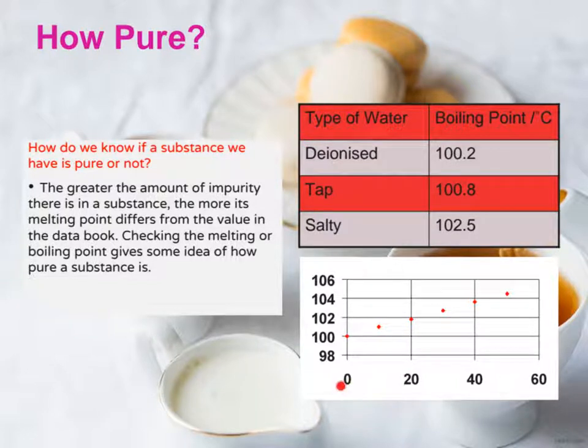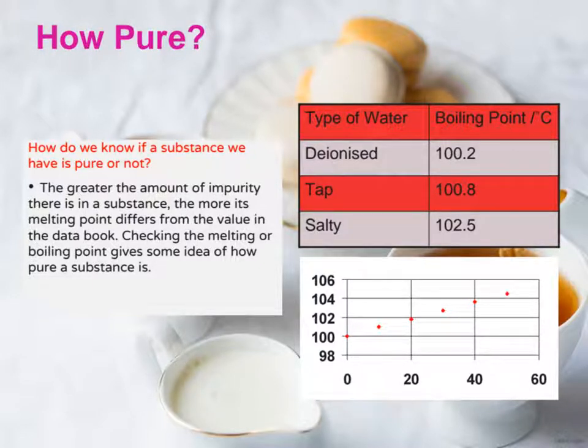When this water is pure, it doesn't contain any salt dissolved. Pure water will boil at 100 degrees Celsius. When I have 20 grams of salt dissolved in water, the boiling point increased to 102 degrees. When the amount of salt increased to 40 grams, the boiling point increased to almost 104 degrees. When I have 50 grams of salt dissolved, the boiling point increased further.